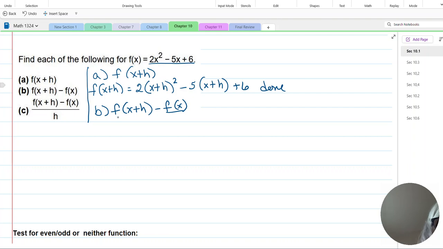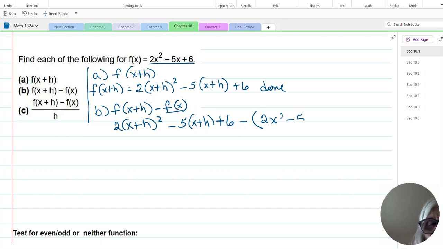So what I'm going to write is 2 parenthesis x plus h squared minus 5 parenthesis x plus h plus 6 minus, and in parentheses, I'm going to put my original function, 2x squared minus 5x plus 6. Again, we're getting used to reading what a functional change is and what the arguments want us to do. So this is the answer. You do nothing more than that.